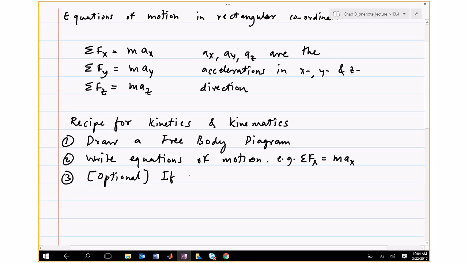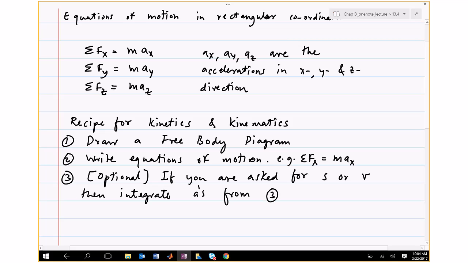So if you are asked for s or p, then integrate a.